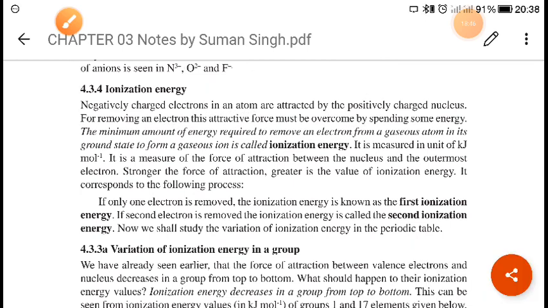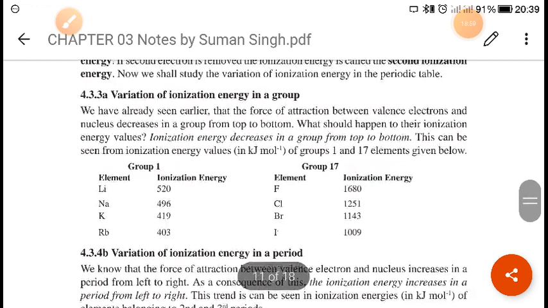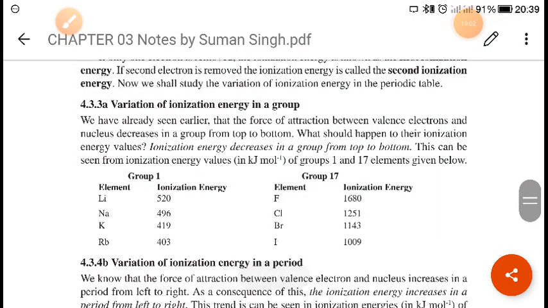Now next, the penetration effect of an electron. So what is the penetration effect? In a multi-electron atom, the electron clouds of various electrons do not maintain a distinct boundary. I hope you are understanding what I mean.